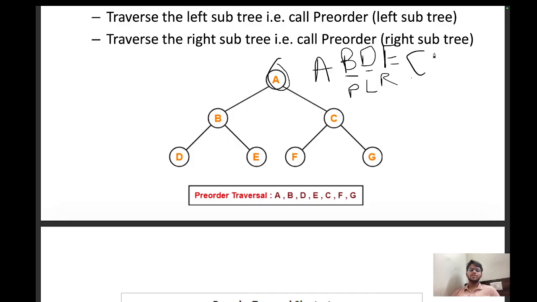After C, the left child is F, and the right child is G. Correct? So it is P, L, and R again.